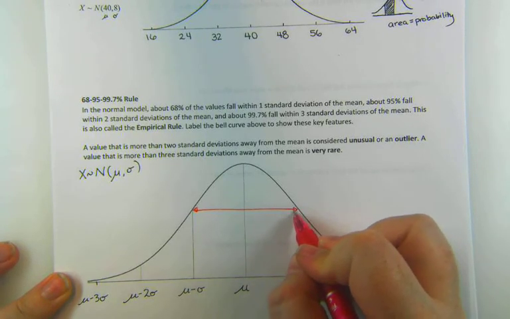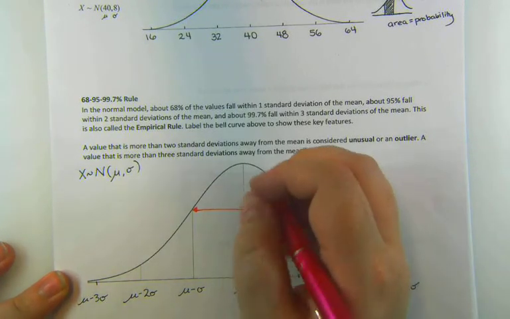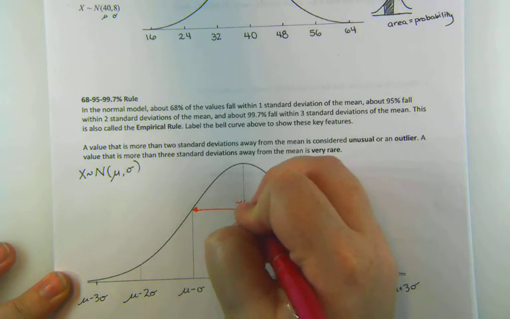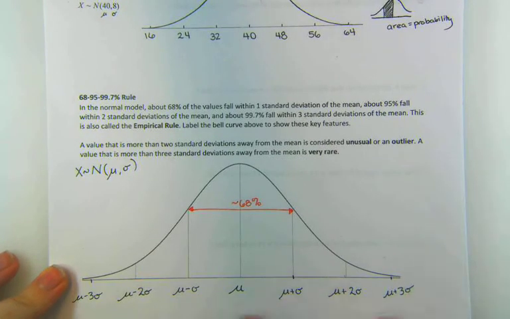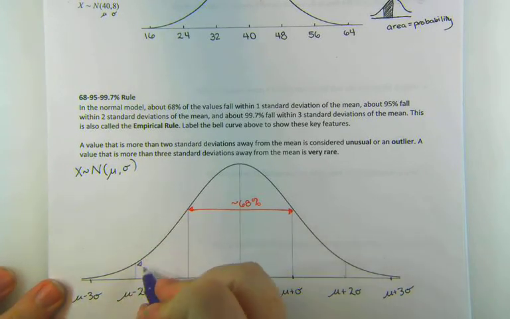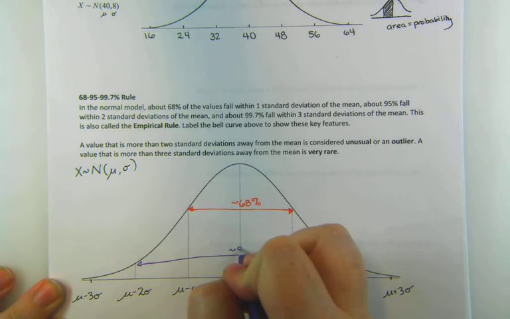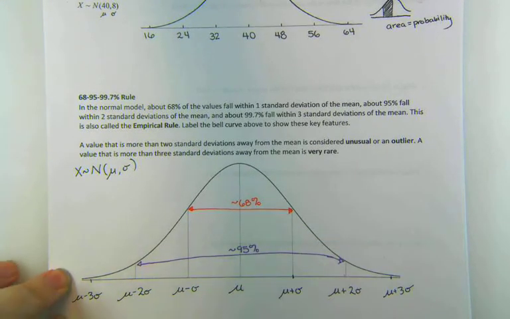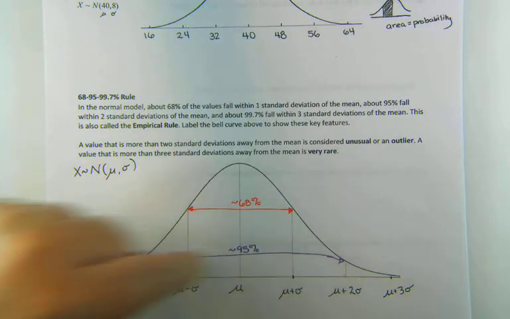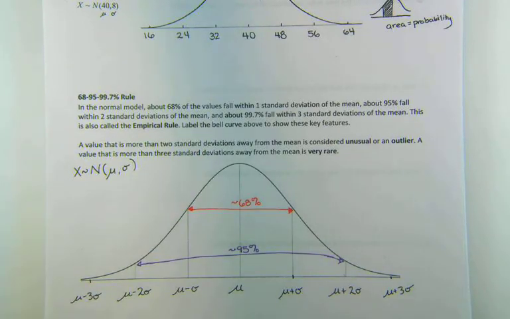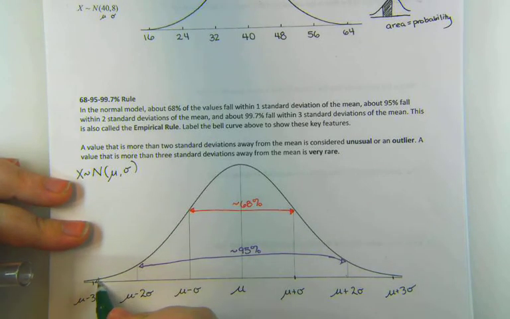So our empirical rule says that 68% of values fall within 1 standard deviation of the mean. Meaning if we go 1 standard deviation below to 1 standard deviation above, this will cover about 68% of the data. So 68% chance of landing between those two values. Between 2 standard deviations away, if we go from here all the way up to here, that's about 95% chance.